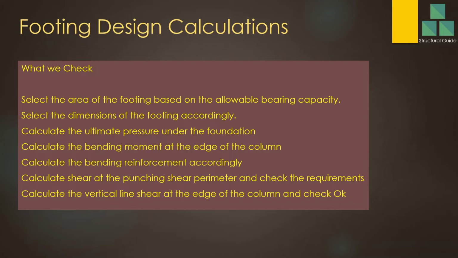But in a single, isolated footing, usually we don't provide links. Instead, we increase the thickness. Once you check for punching, you have to check the vertical line shear, that is, the shear stress at the face of the column, which should not exceed the maximum allowable shear stress for that particular concrete.